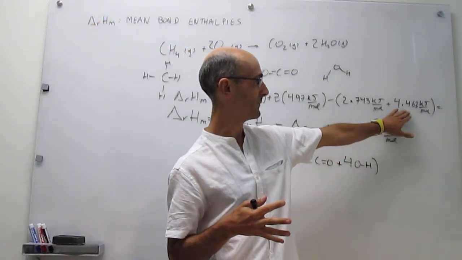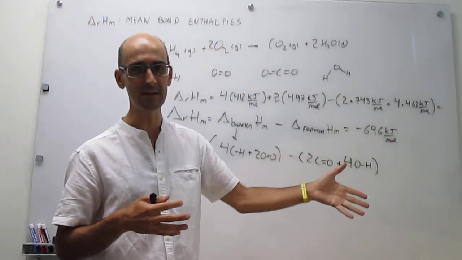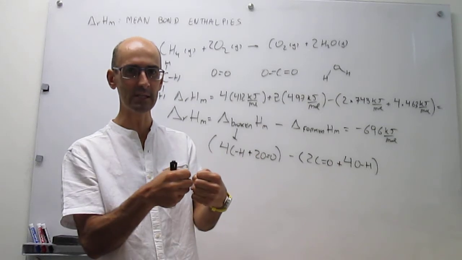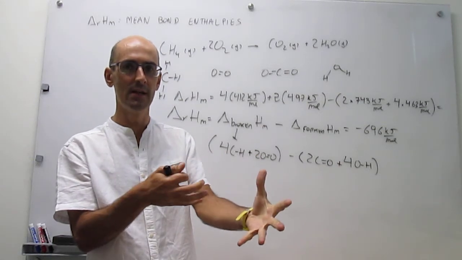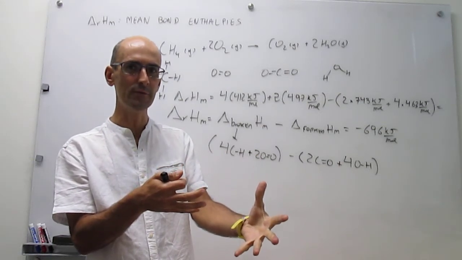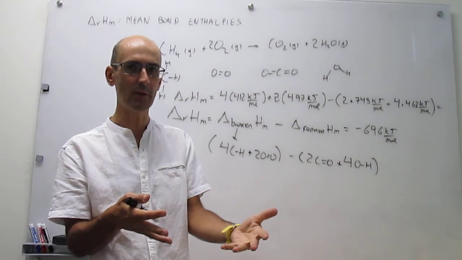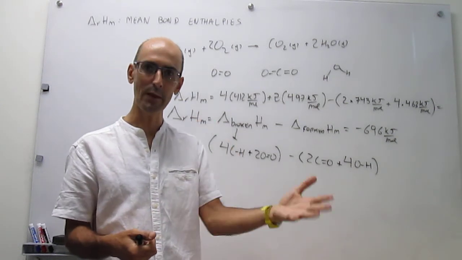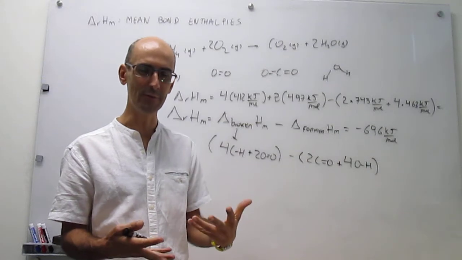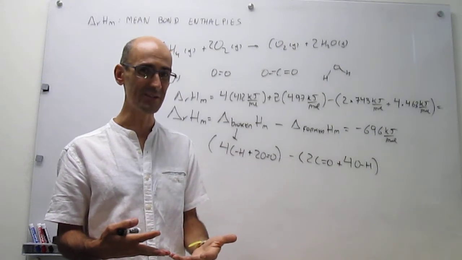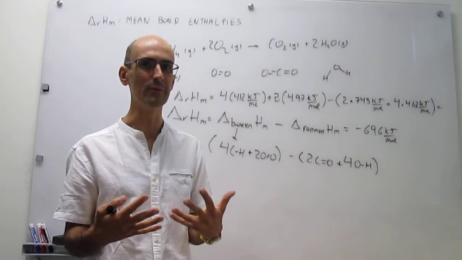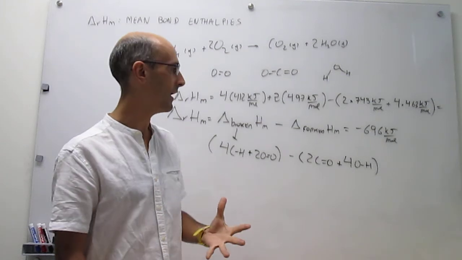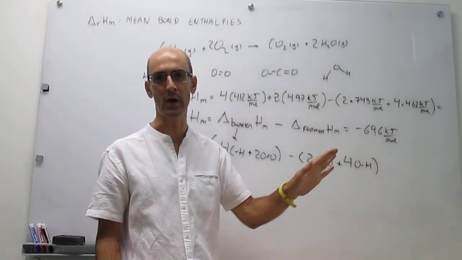However, the enthalpy that we have used right here is 463 kilojoules per mole, and that's because what you have in tables is a generic OH bond. But that's simply an average of a variety of OH bonds that people have measured. That would include the one in water, but also the one in methanol, the one in ethanol, and so forth. So what you really get is an average and not the specific bond that you're looking for, and that's why this method is really inaccurate, right? It only gives you an indication, not true accuracy.